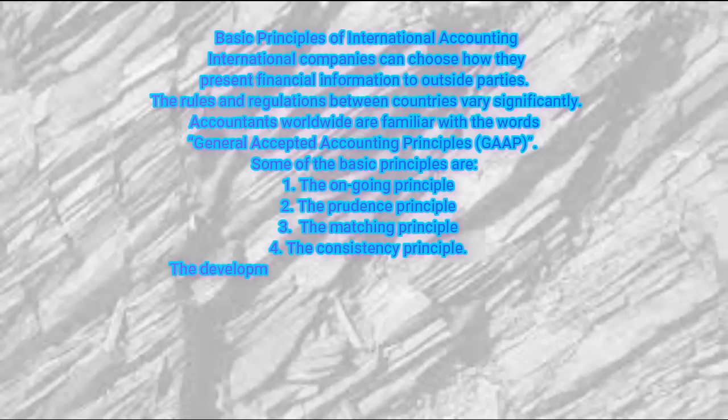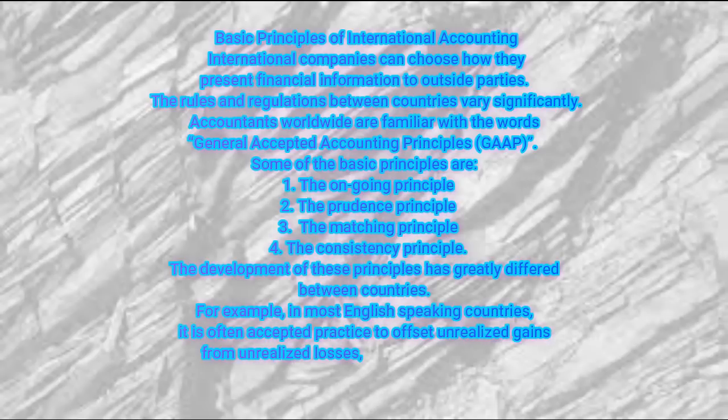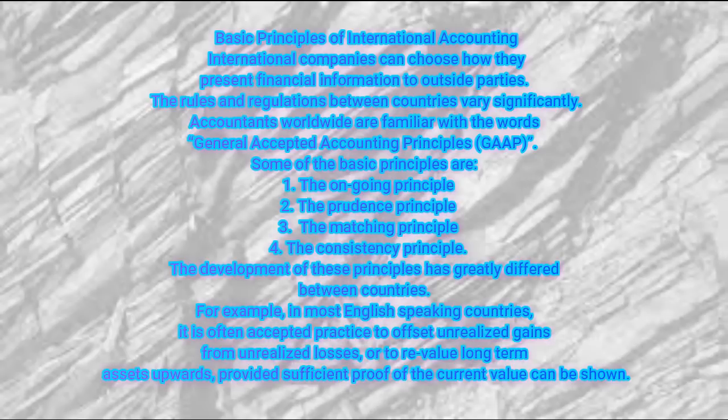Basic principles of international accounting. International companies can choose how they present financial information to outside parties. The rules and regulations between countries vary significantly. Accountants worldwide are familiar with the words General Accepted Accounting Principles, GAAP. Some of the basic principles are the ongoing principle, the prudence principle, the matching principle, the consistency principle.